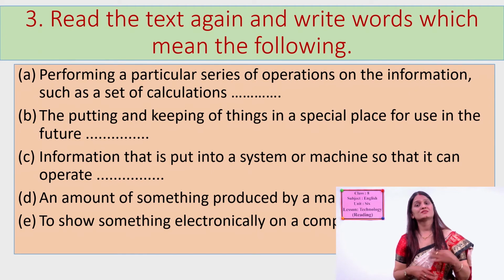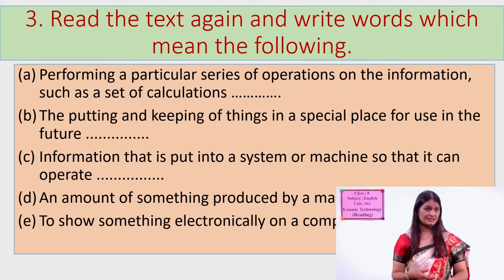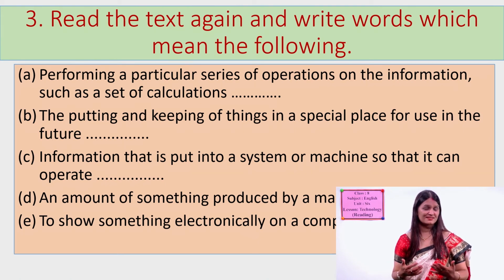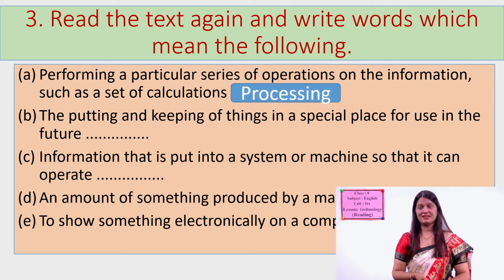Performing a particular series of operations on the information, such as a set of calculations. What is that? Try once. Yes, it is processing. Okay, now I give you 2 more minutes, 2-3 minutes. Okay, you just go through the text once again and then find the word.